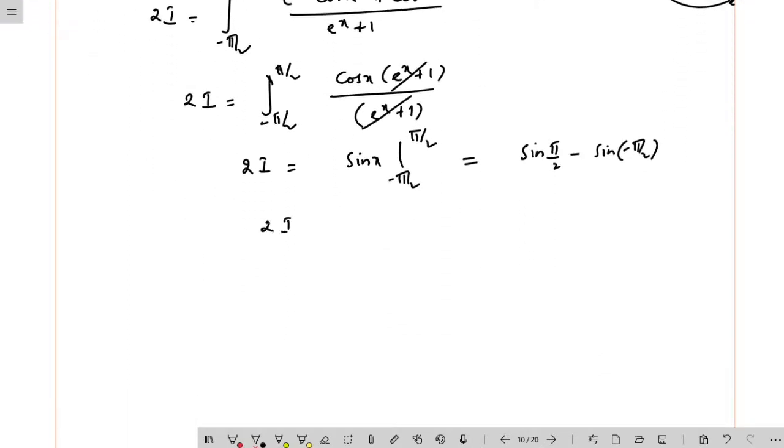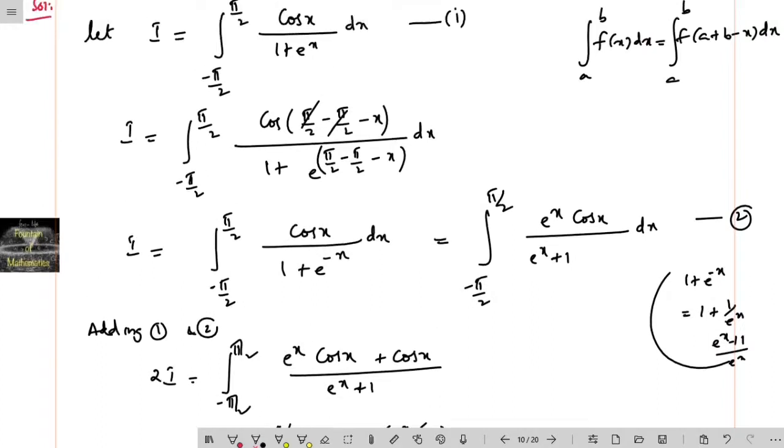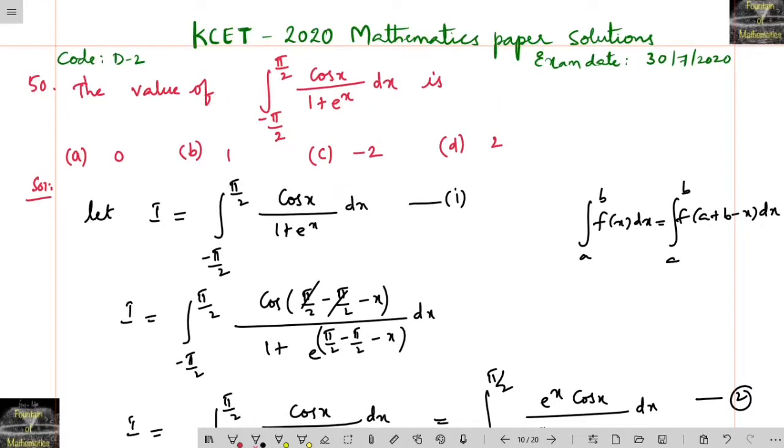So we can write 2I is equal to 1 minus (−1), that is 2I = 2, which implies I = 1. So the integral is 1, the answer. So which option? Option B. Okay, right.